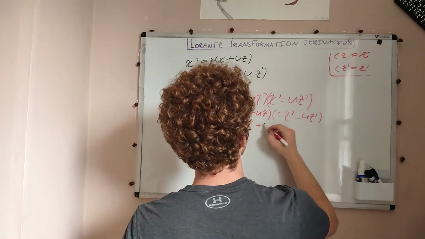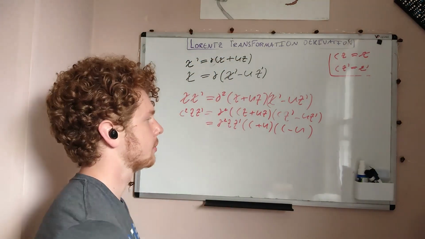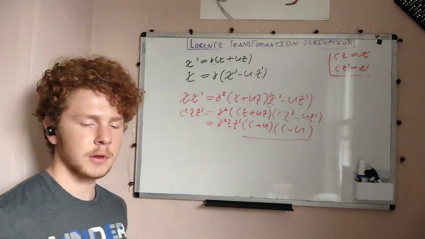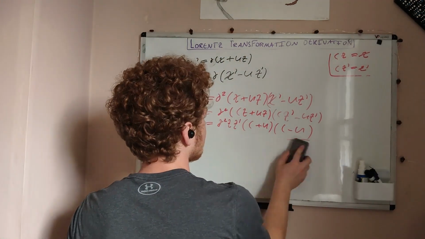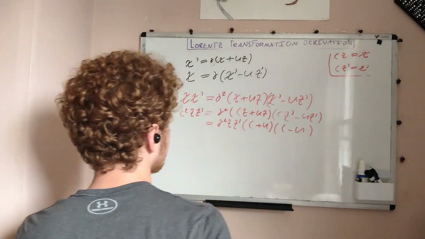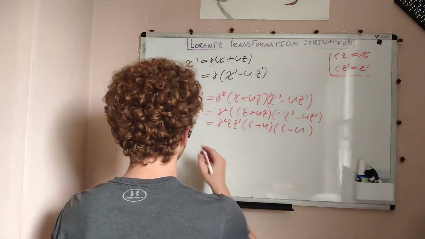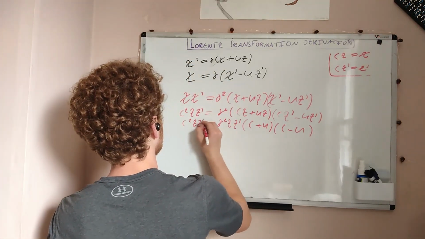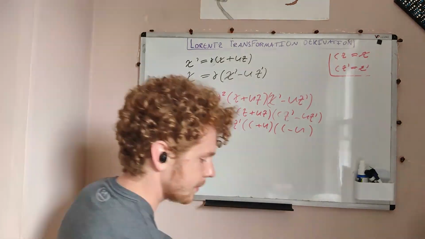And then it would be c plus u, c minus u, and this leads to a much simpler expansion of that. It would just be the square of the first minus the square of the second. But first, we're going to factor this out, this t times t prime out.